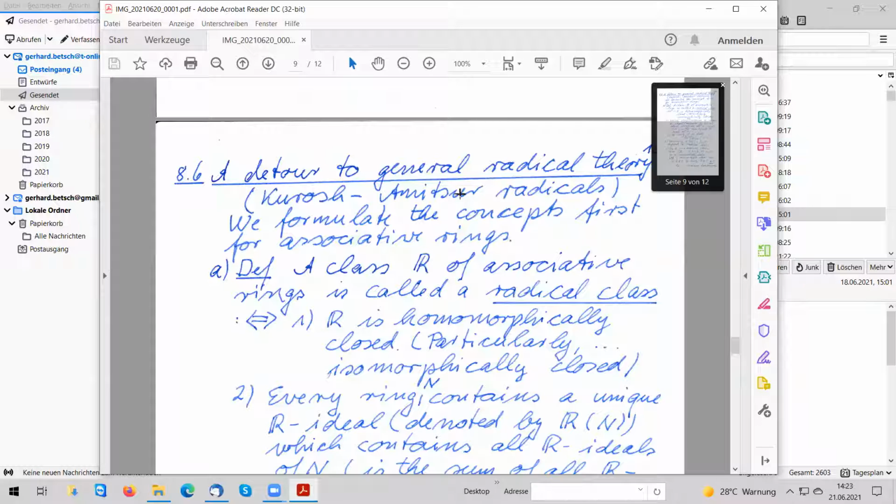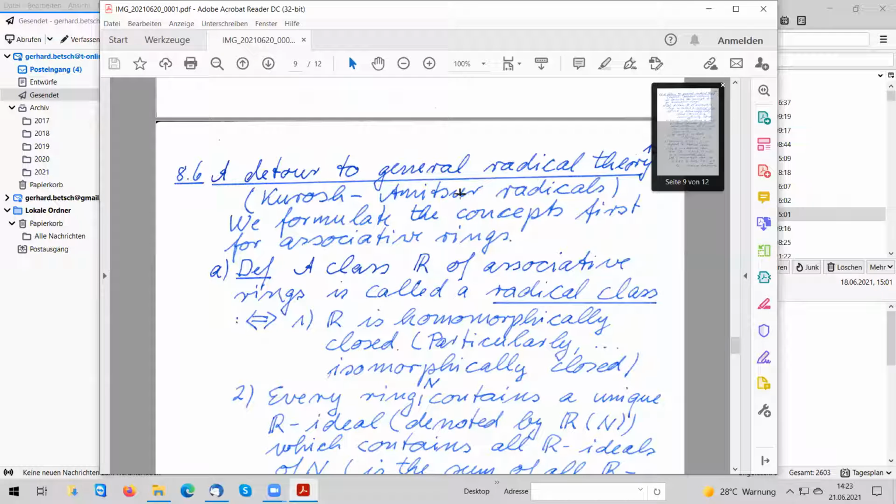A class R of associative rings is called a radical class if it's homomorphically closed. In particular, if you have a ring which is in a radical class, any ring isomorphic to this ring is in the same class.